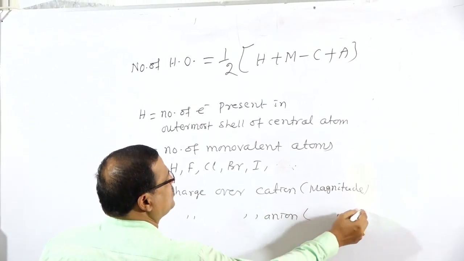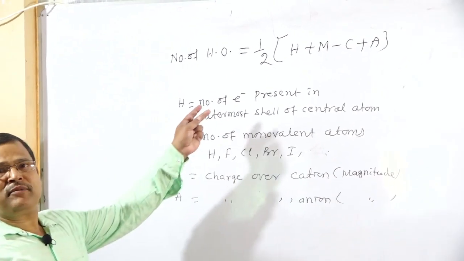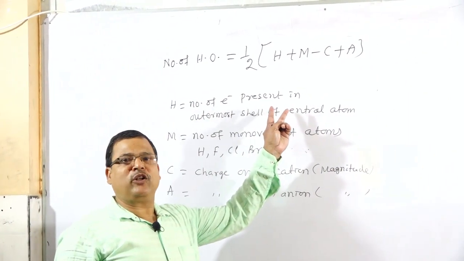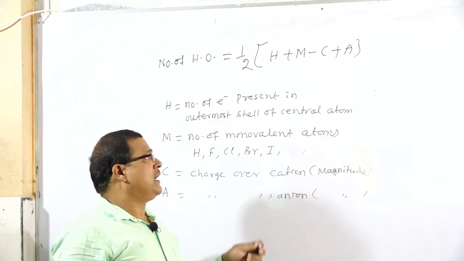So by the application of this formula, we can determine the number of hybrid orbitals, and thereafter we go for the hybridization.